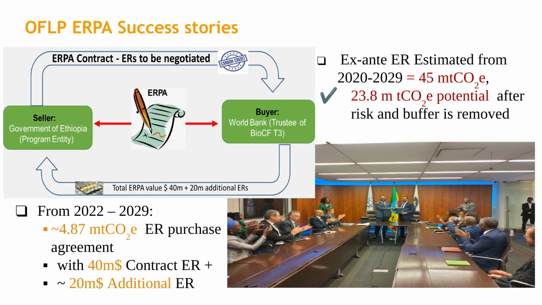If we minimize the buffer, we can have 23.8 million tons of carbon dioxide across the region. From this, we agreed with the Initiative for Sustainable Forest Landscape Program, World Bank, for 4.87 million tons of carbon dioxide with $40 million. In addition, we want to sell additional emission reductions for about $20 million.